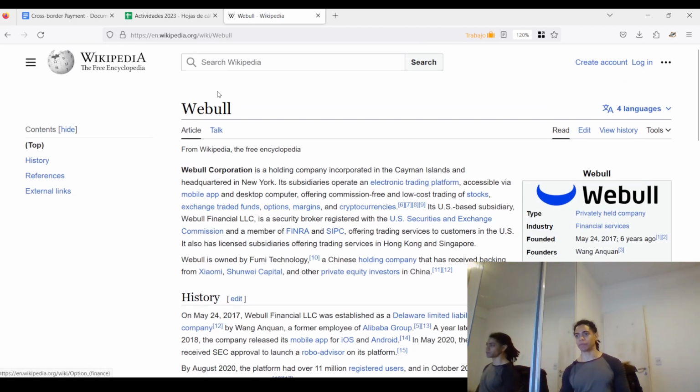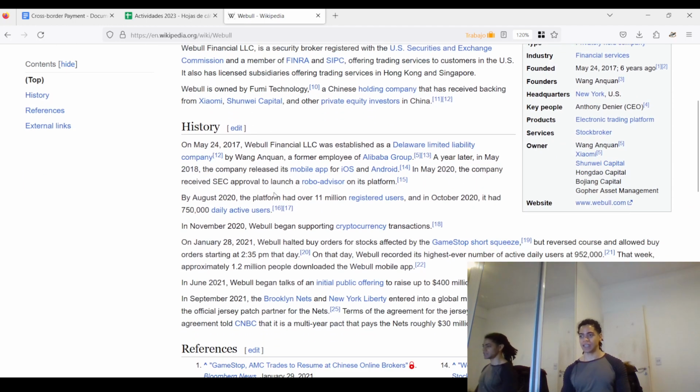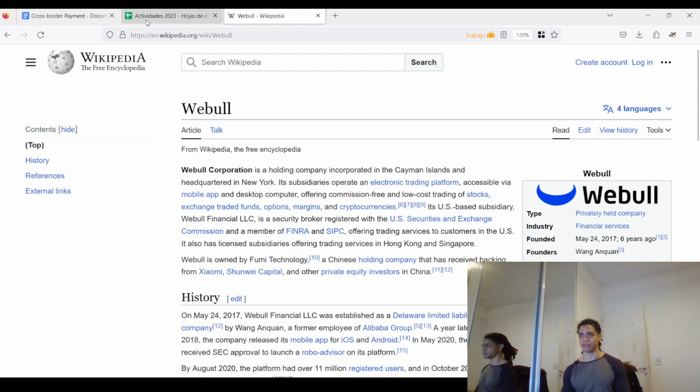This financial institution offers a specialized service to certain types of customers, investors most of the time. Is this Webull? So Webull is mainly owned by Fumi Technology, a Chinese holding company that has received backing from Xiaomi, Sunwen Capital, and other private equity investors.